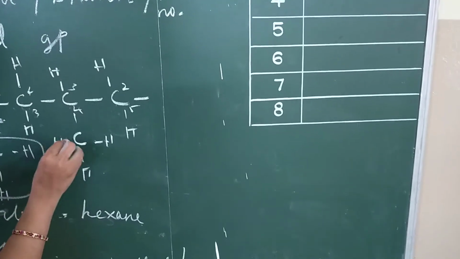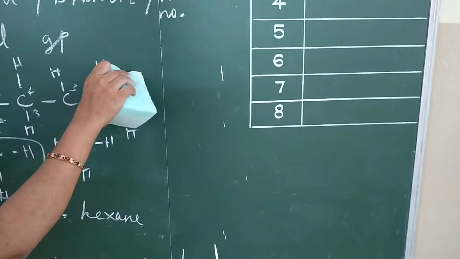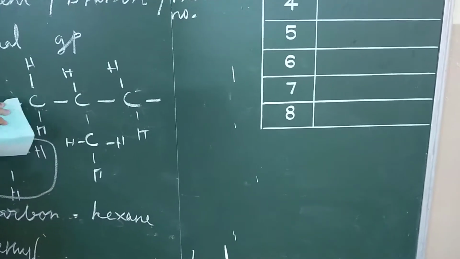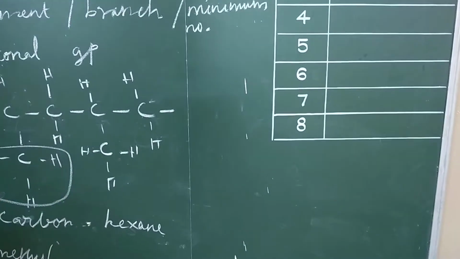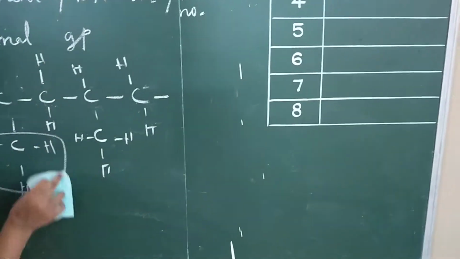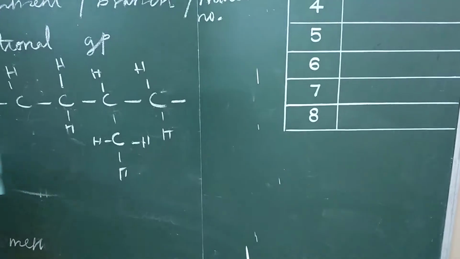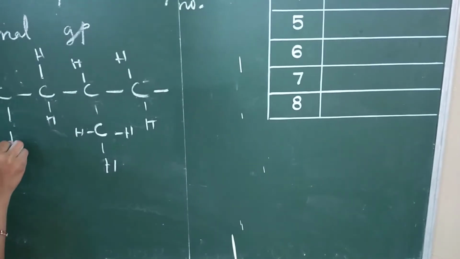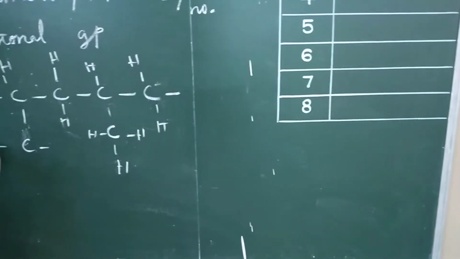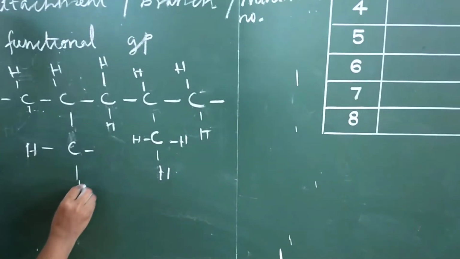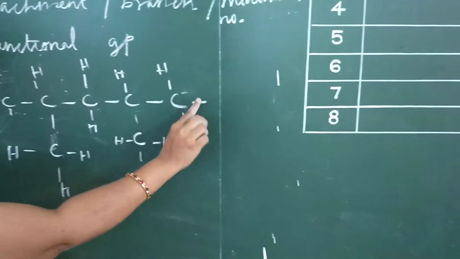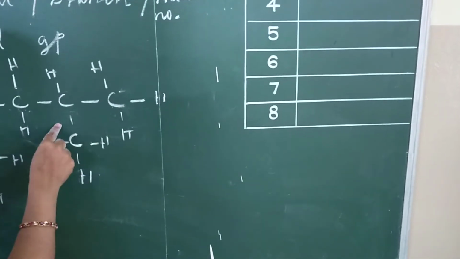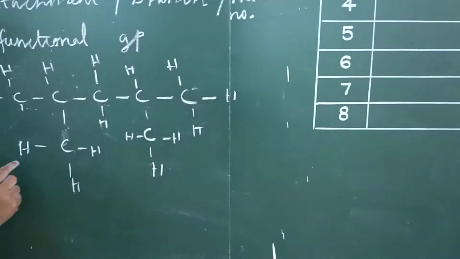Now the name will change completely. Now see here, one carbon was there, that carbon we have broken and we are attaching the second carbon. Now we have to give the name.